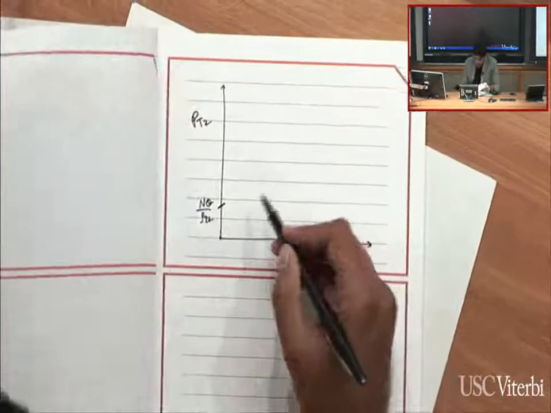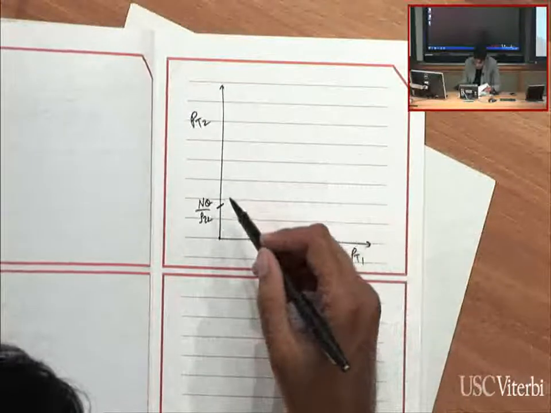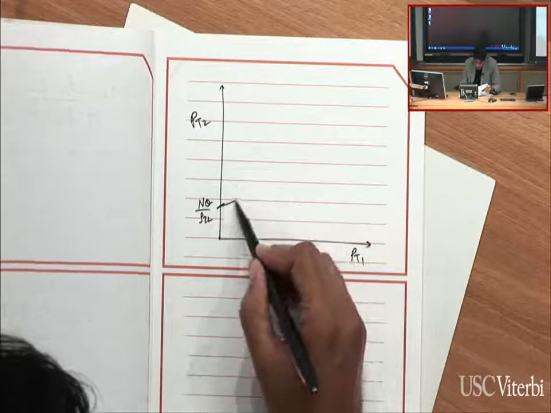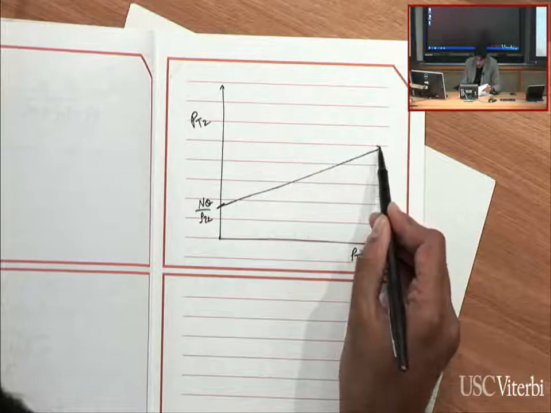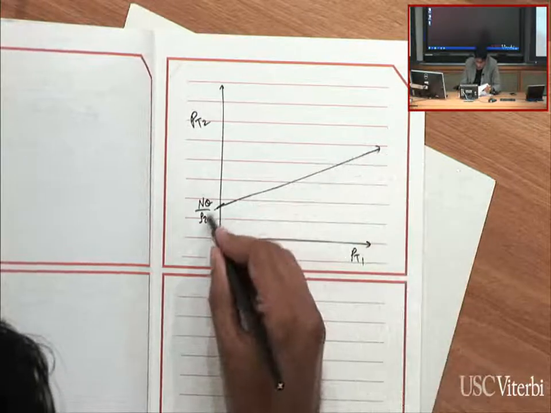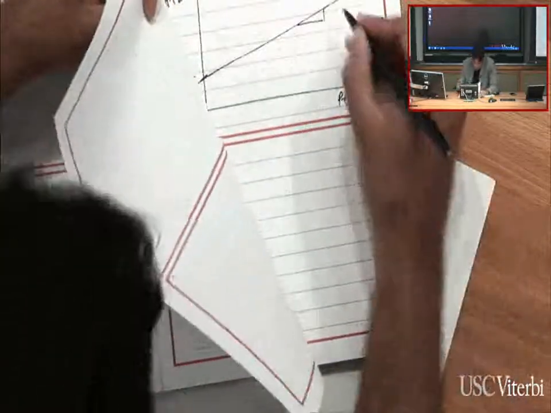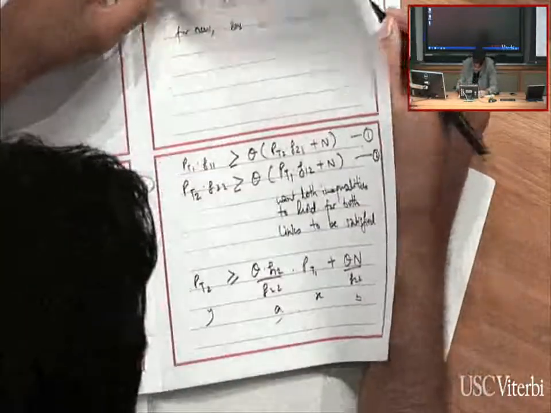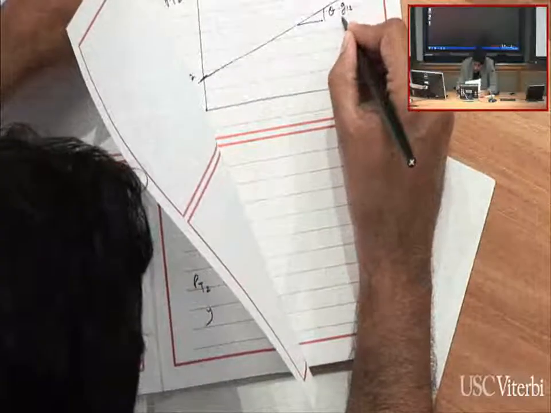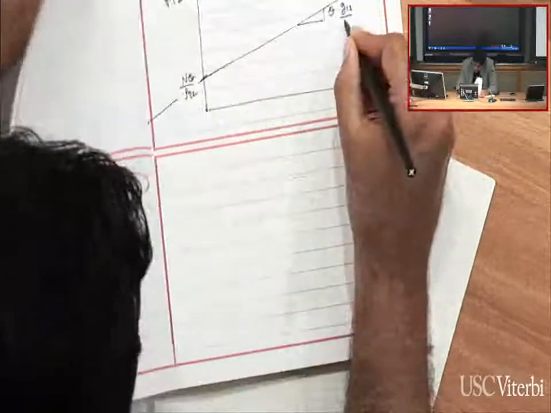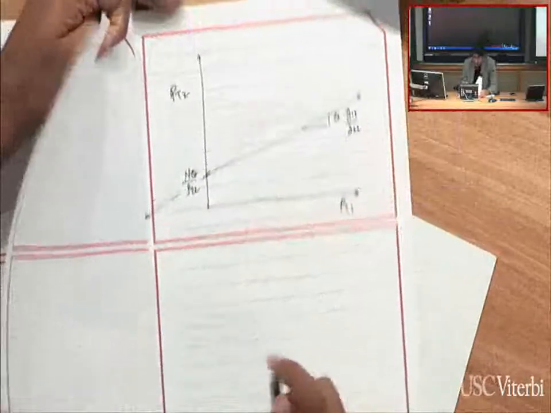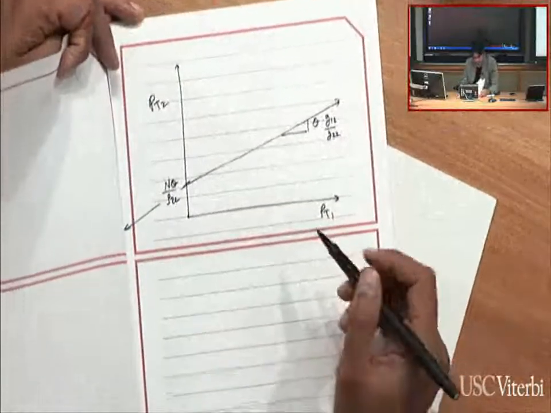And then from this point on, this is that line. And the slope of this line is this number over here, theta times G12 over G22.